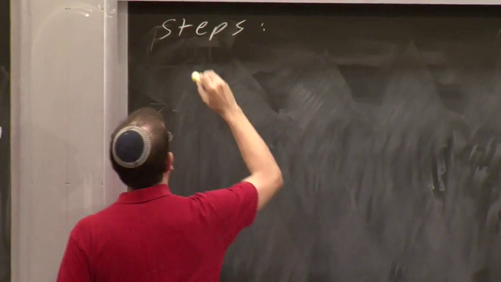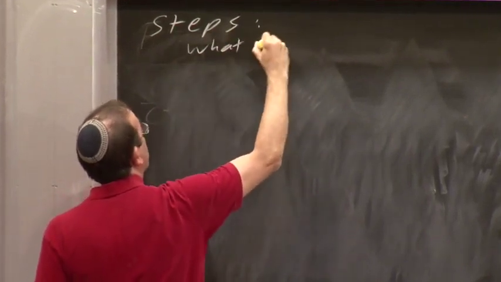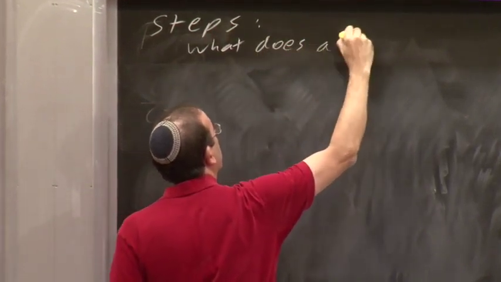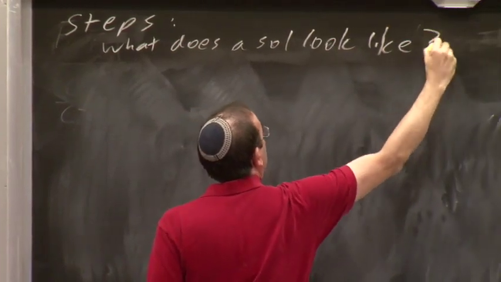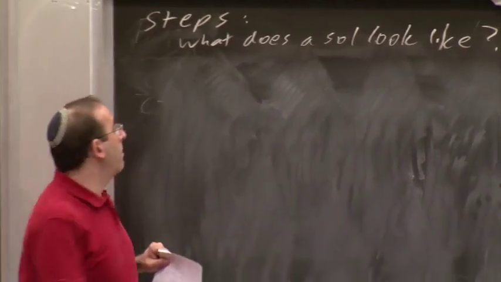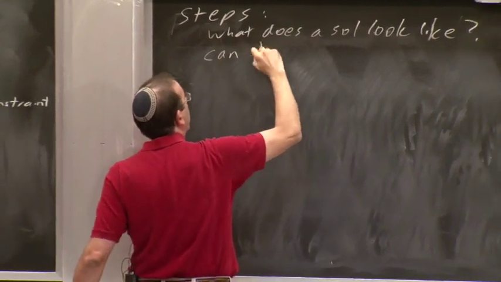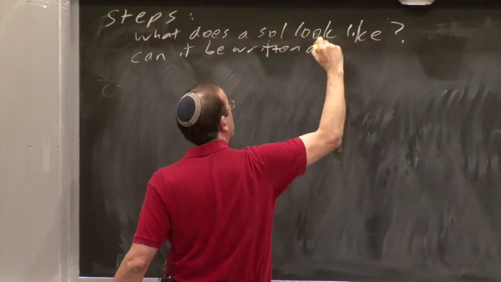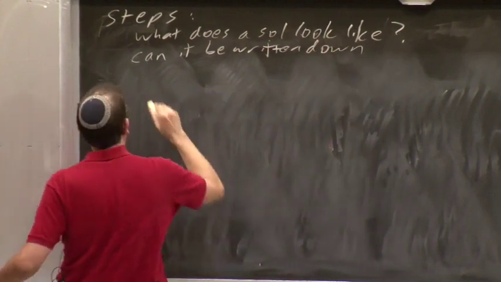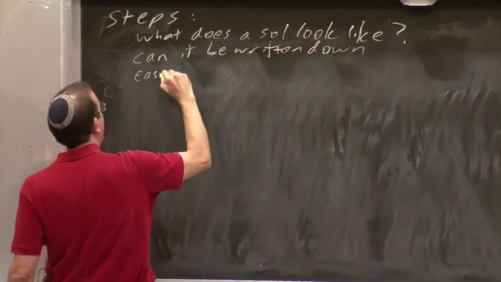building up questions. The first thing we're going to ask is, what does a solution look like? And sort of address the question, can it be written down? Is it easy to verify correctness?